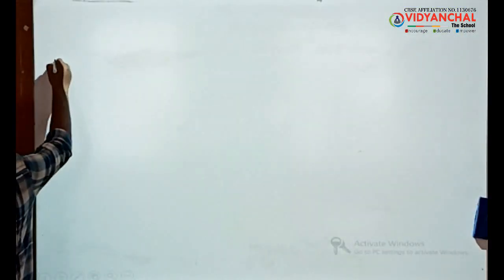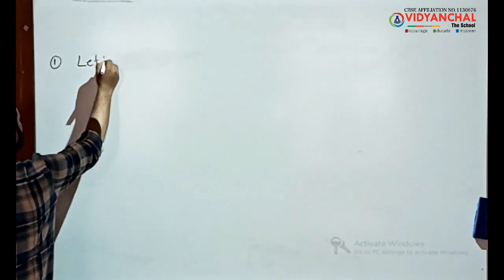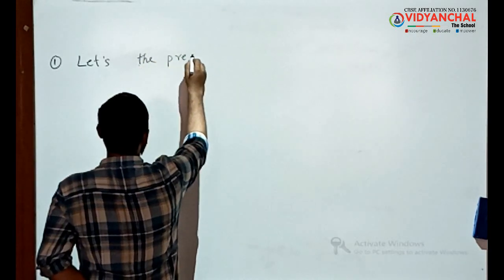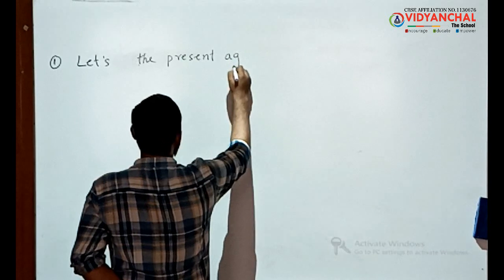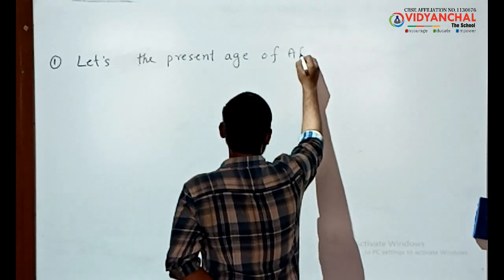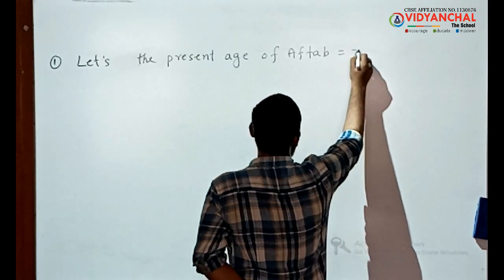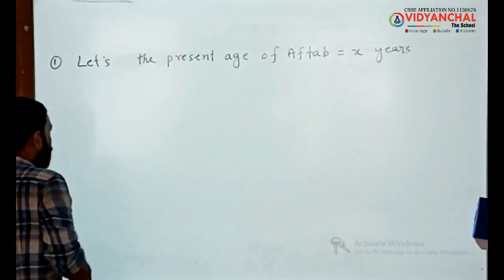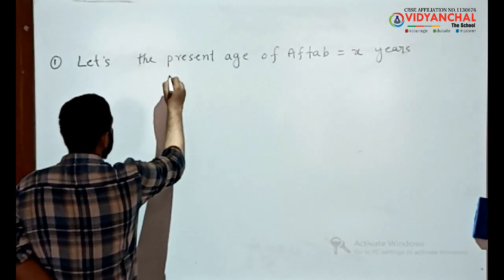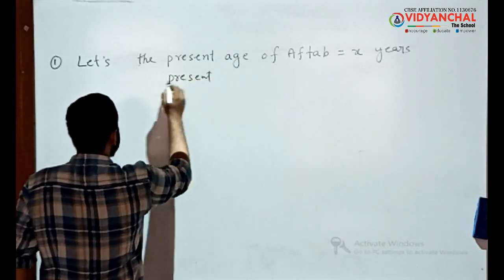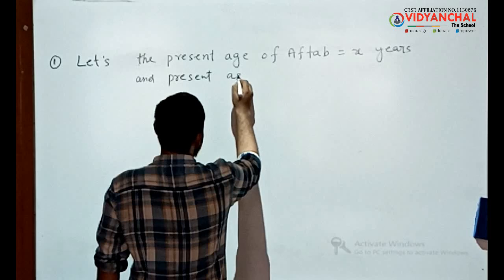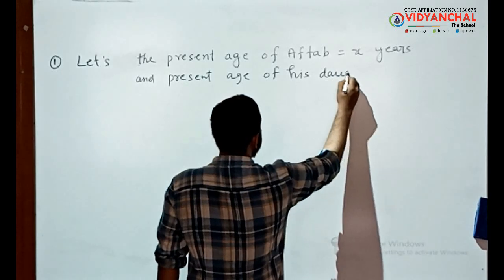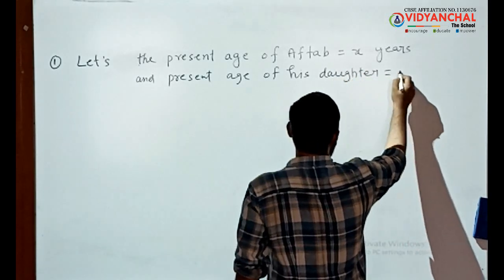So let's let the present age of Aftab equal X years, and the present age of his daughter equal Y years.